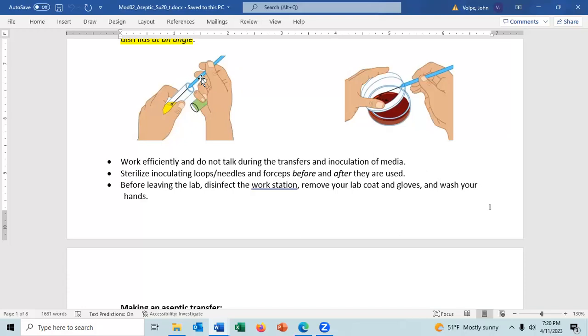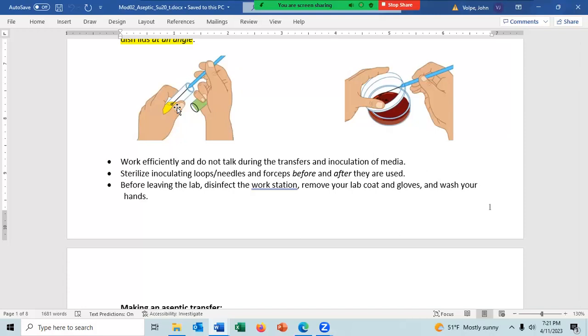So they have it shown where the rubber part isn't going into the tube, but just barely. And my point is just make sure only the sterile part of the loop goes in the tube. And if you need to bring the fluid up to touch where the bacteria is on the loop, you tilt the tube so the fluid moves towards the loop.